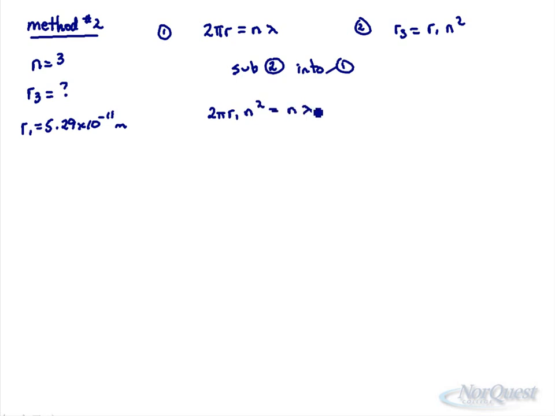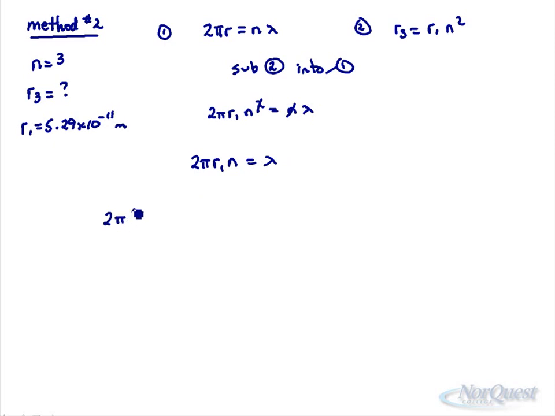This is a little easier formula manipulation, so I can substitute without doing individual parts. Notice that the n will divide with the n squared, so I can end up here with 2 pi r1 times n equals lambda. A lot easier to do for substitution.